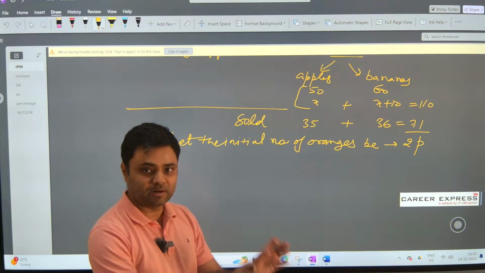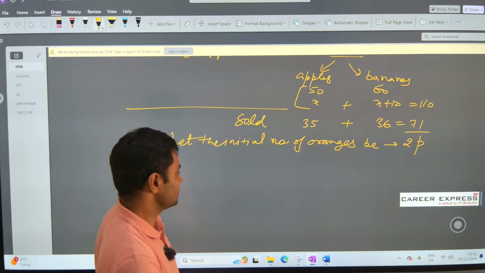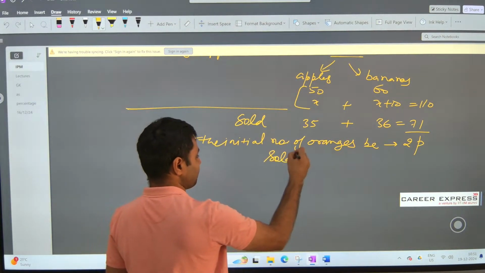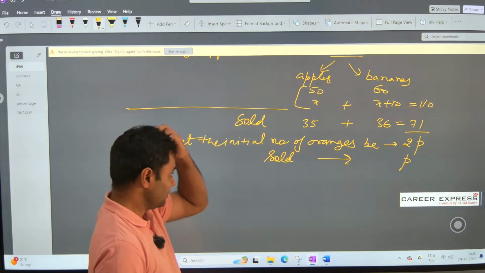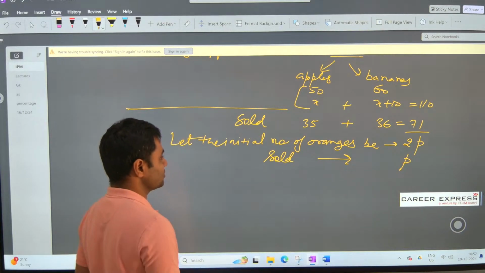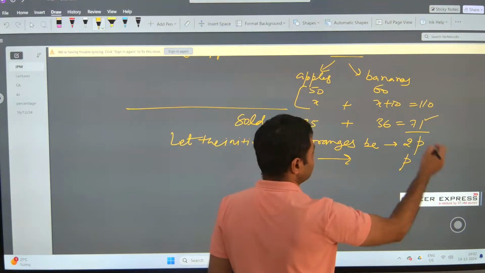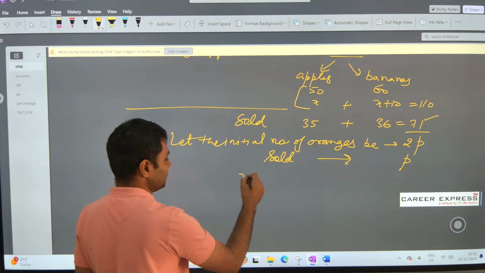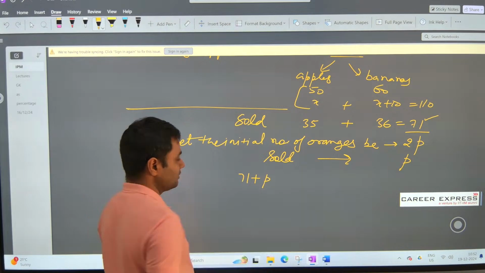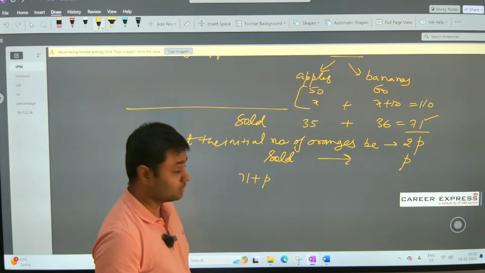She sold 50% of the initial number of oranges. So she sold p oranges. Right? So what is the total number of fruits sold? 71 apples plus bananas and p oranges. So 71 plus p. This is the total number of fruits sold.